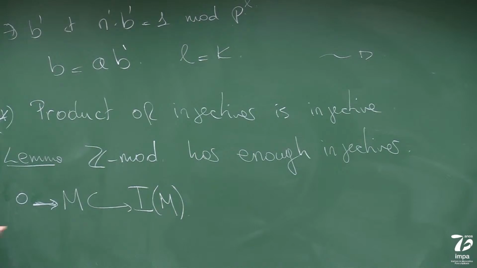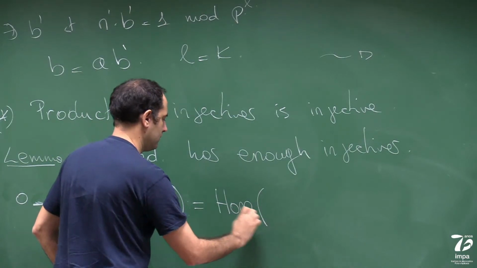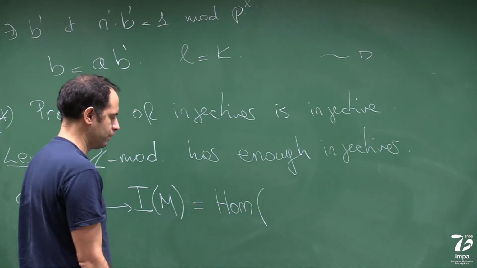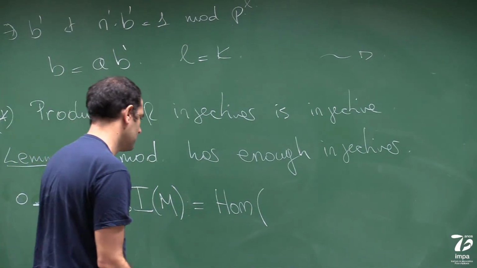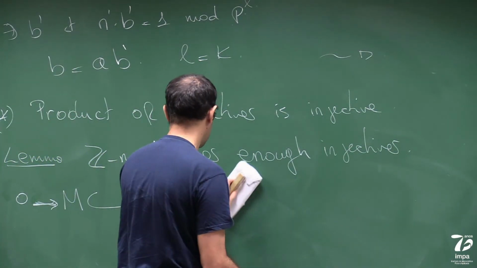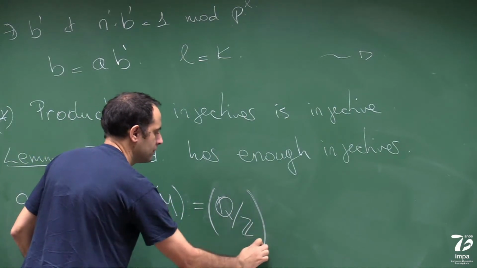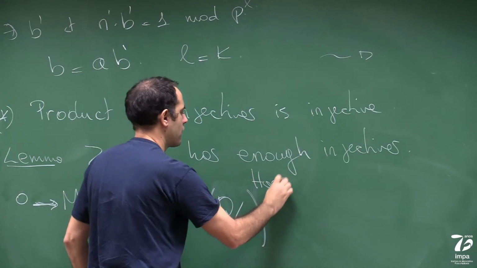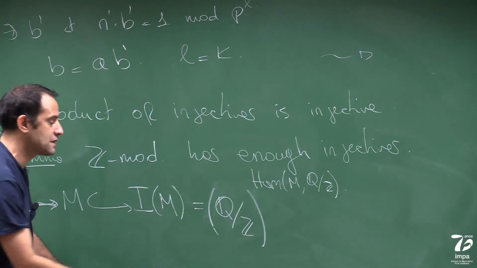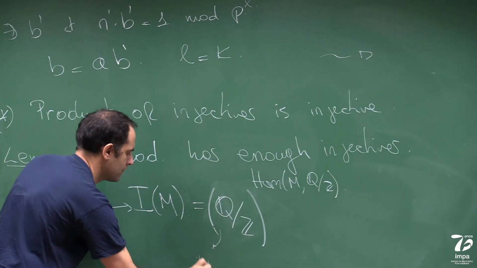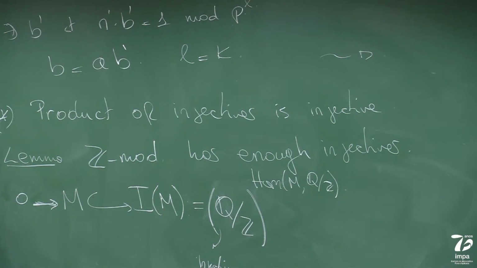Okay, so what I'll do is I'll define this as Q mod Z, which is abelian, taken as many times as hom from M to Q mod Z. So this is an abelian group which is injective, and this is a product of injective abelian groups. Therefore, that guy is an injective abelian group.